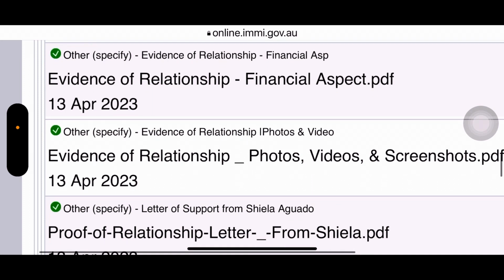Here it's documentation of our photos from the day we met, and then videos, and then screenshots of flights, conversation, Facebook posts, and I also added links of TikTok posts. Whatever evidence of relationship you have, collate it and document it in one Word file.